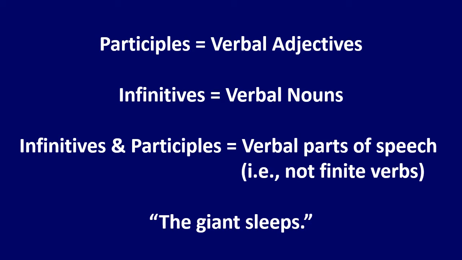So that's what distinguishes infinitives and participles as not being finite verbs. A finite verb is one which has the subject built right into it, and thus verbs themselves are called finite verbs, and infinitives and participles are verbal parts of speech, to be technically correct.